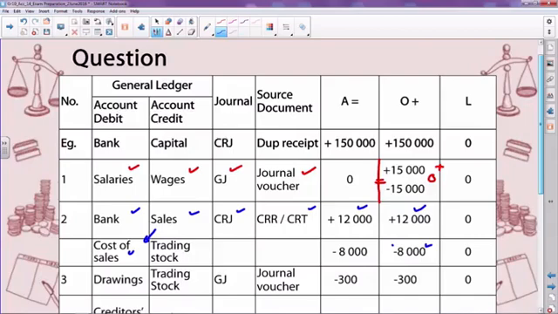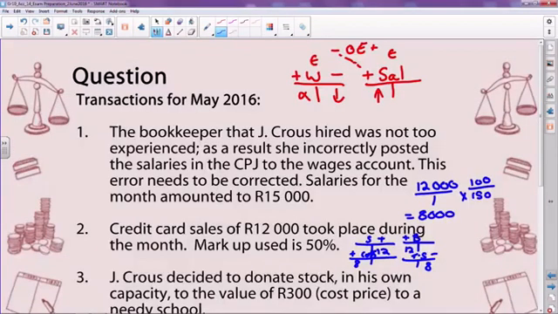Do you see? And then your trading stock, which is an asset, so we go to the asset column here, also went down because we've sold. Now let's see, are my amounts in balance? As you can see, plus 12,000 equals plus 12,000, minus 8,000 equals minus 8,000. And there it is. Let's go look at the next one.